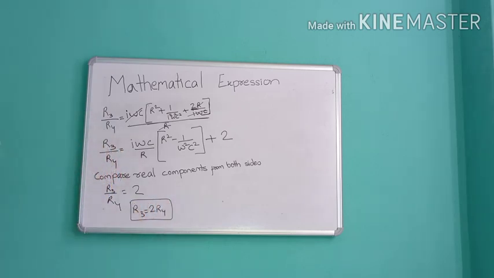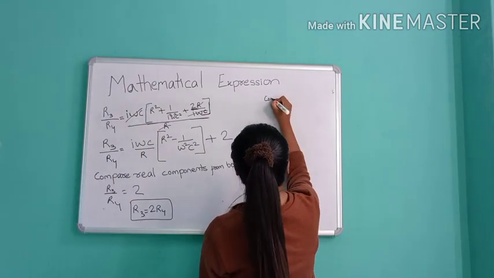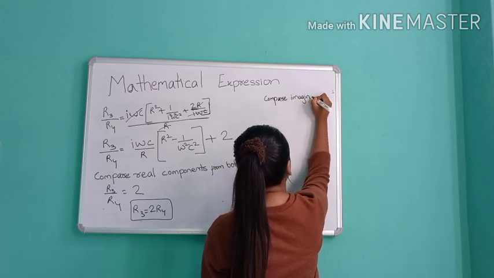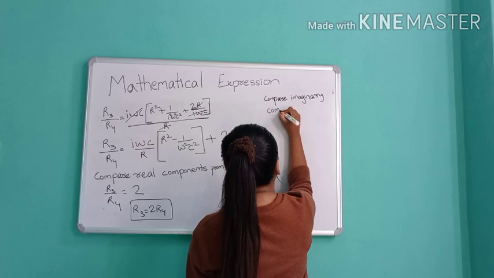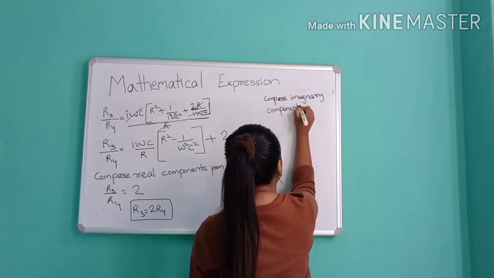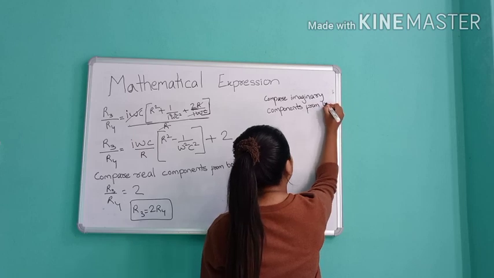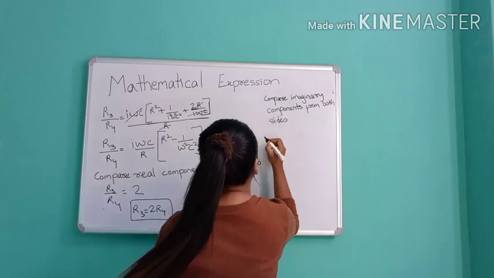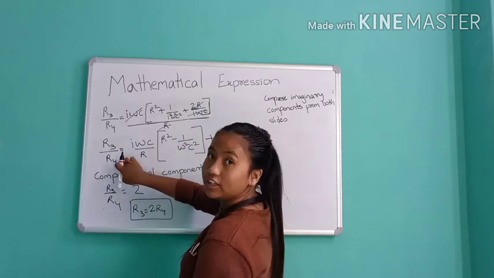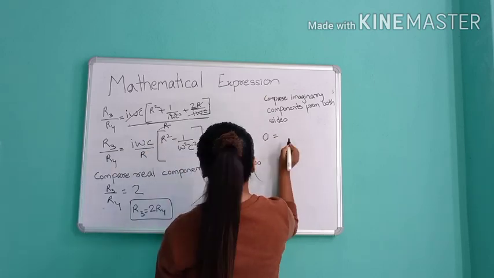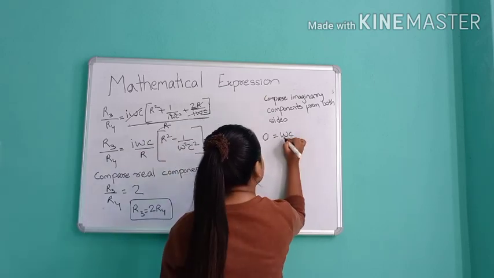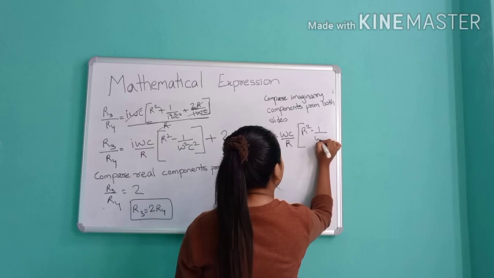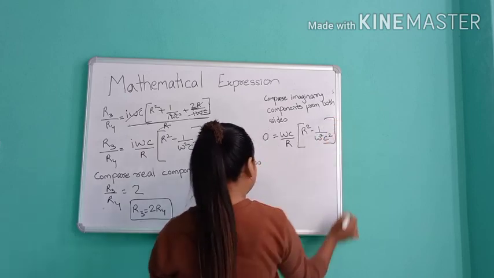Now compare imaginary components. Here imaginary component is 0 equals, and here it is omega C by R square minus 1 by omega square C square.